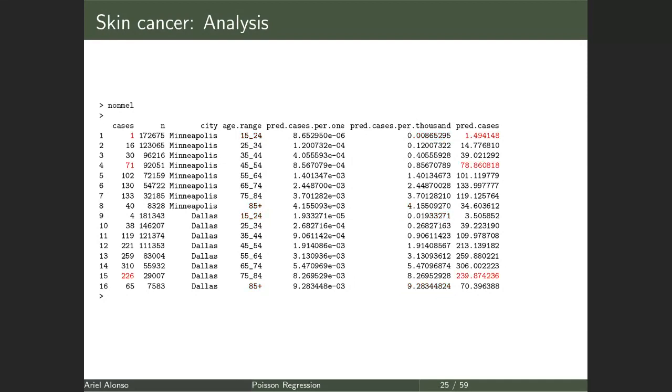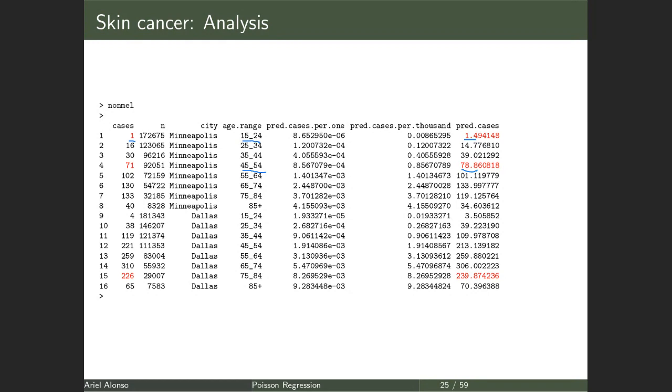And here, this is what the model predicts for the data. So the model predicts, for instance, that in this group between 15 and 24 in Minneapolis, you should have 1.5 skin cancers. The observed data tells you 1. For instance, in the category between 45 and 54 in Minneapolis, the model predicts about 79 cases.